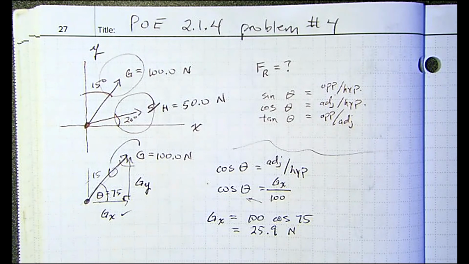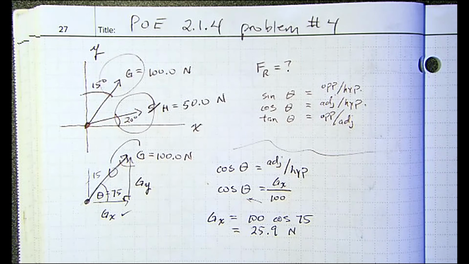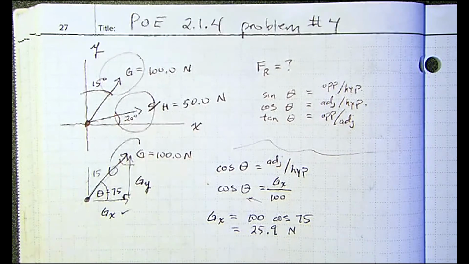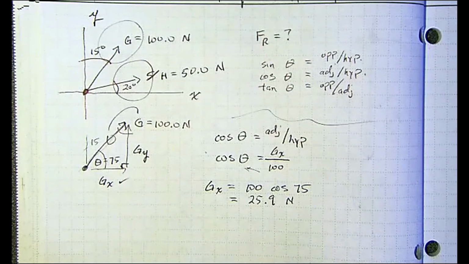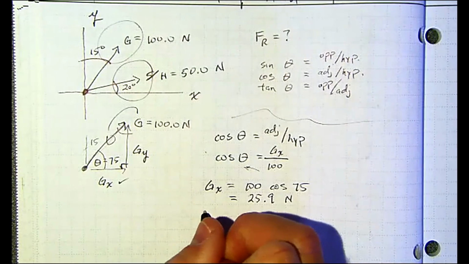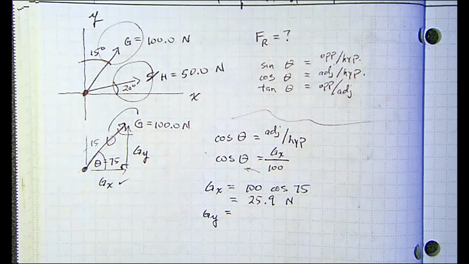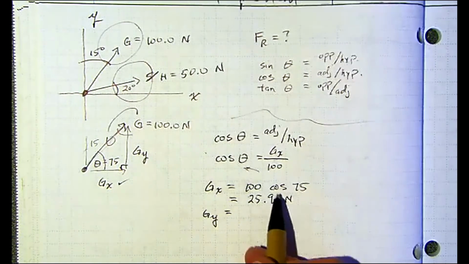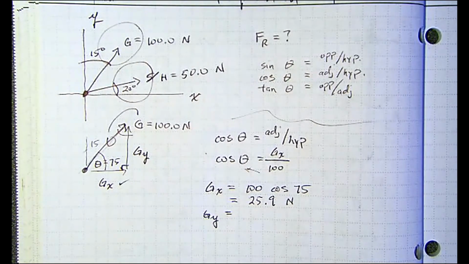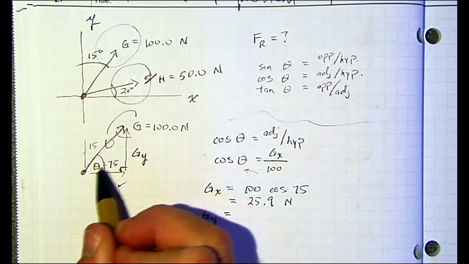Now, Cody, remember I said you got to solve for everything? That's just one of the everythings. We also need to solve for that G sub Y, but I'm going to show you a shortcut. G sub Y is going to follow the same pattern algebraically, except it's not going to be cosine. This one's going to be sine because sine is the opposite of the angle.